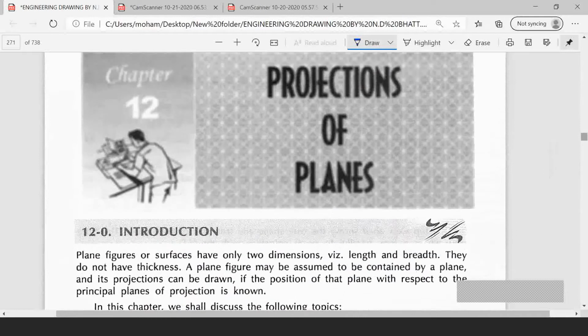Our next topic is projection of planes. If you have any doubt, I will explain after this topic. Okay. I need to complete this planes topic today.